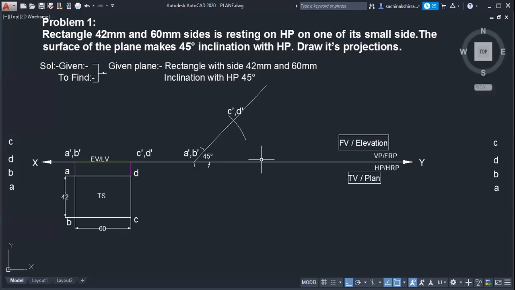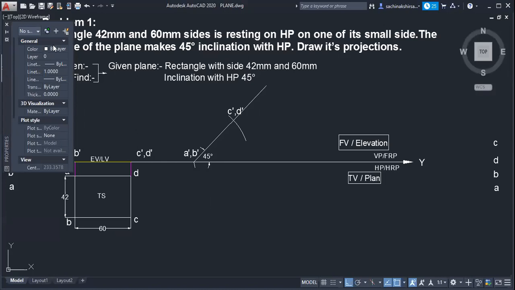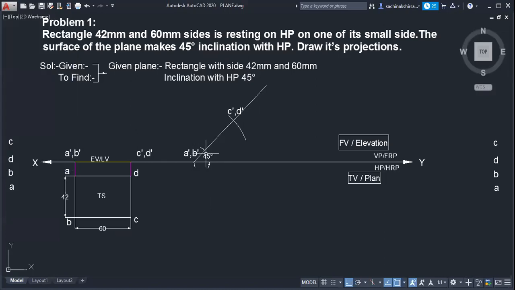Now, what we have to do from the next step? It is very simple now. Next step, projection you have to take. Only taking projection, nothing else. Means whatever we have drawn, this A dash B dash in the second step, only you have to draw projection lines from this.